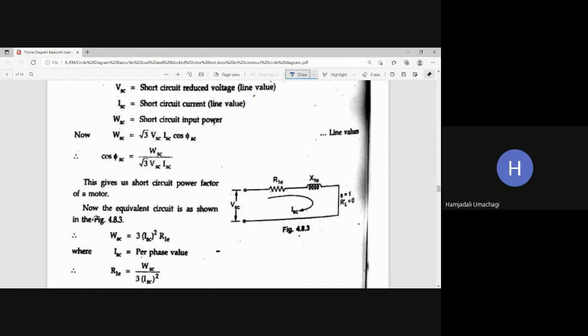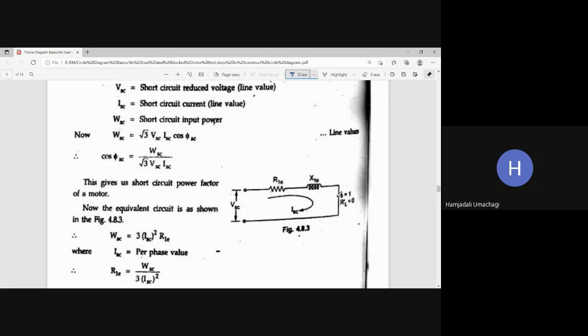Now, as I have told you, if the load on the induction motor is 0, that is RL dash is 0, then whatever the equivalent circuit of the transformer is, the same will apply for the induction motor also. So now the equivalent circuit is as shown in figure 4.8.3. This is the equivalent circuit of the three-phase induction motor, which has equivalent resistance referred to the stator side R1E and equivalent reactance referred to the stator side X1E.